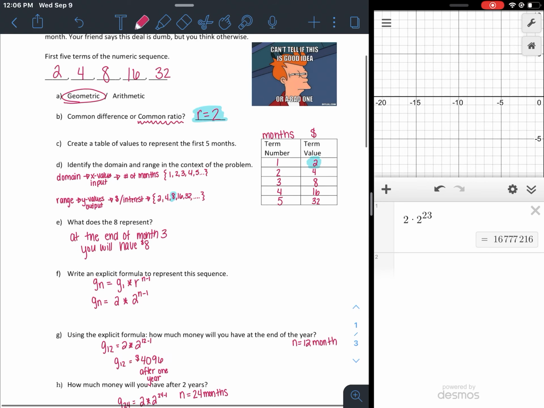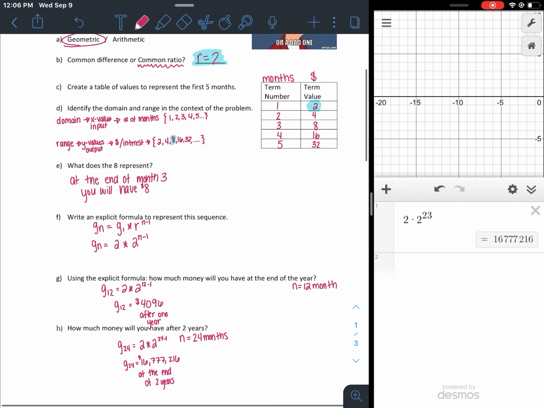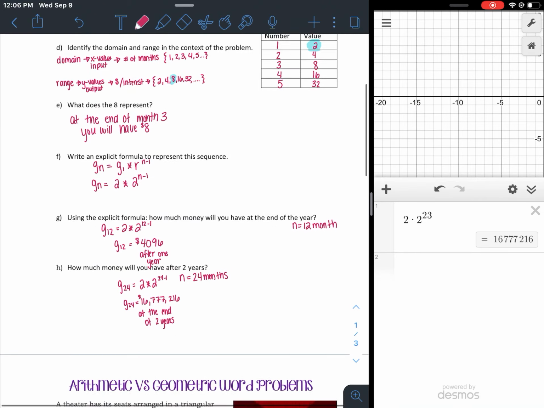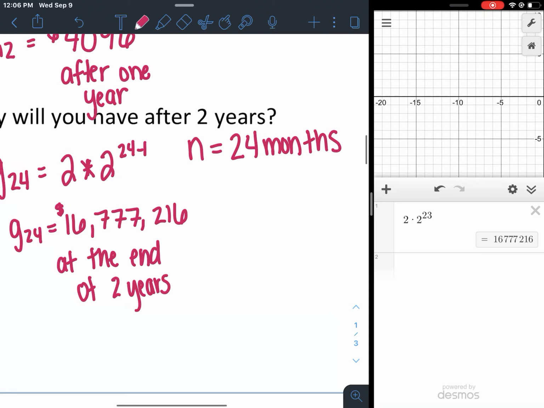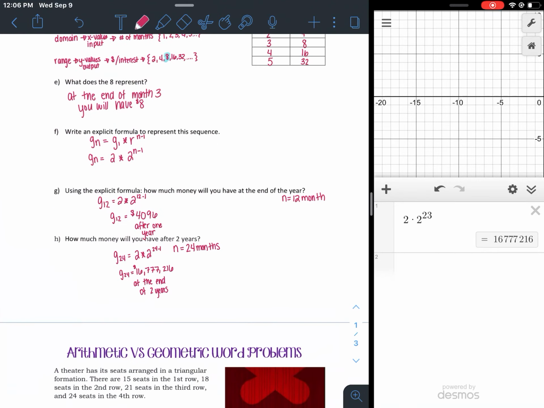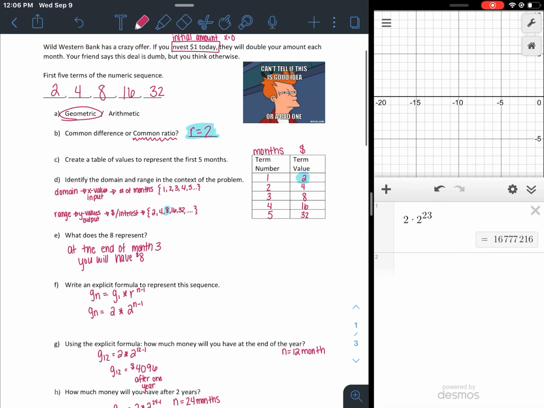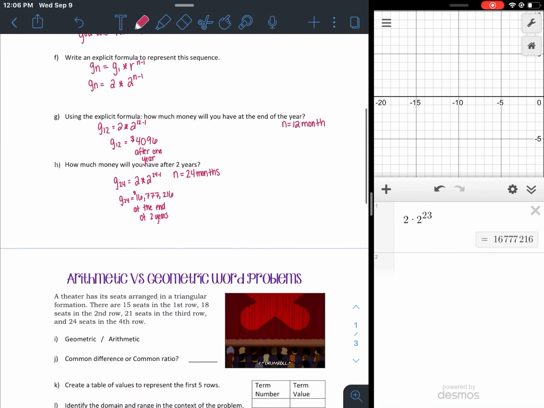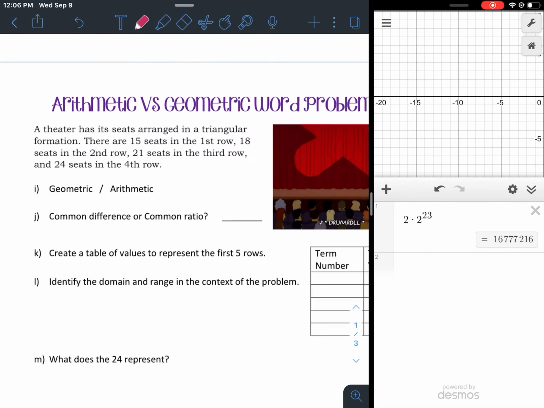But once you get to the end of the first year, and definitely to the end of the second year, because each month your money is doubling. So your 25th month is going to be double 16 million. It's going to be 32 million, and then that's going to double and double. So Wild Western Bank, pretty good deal. Take them up on their offer.